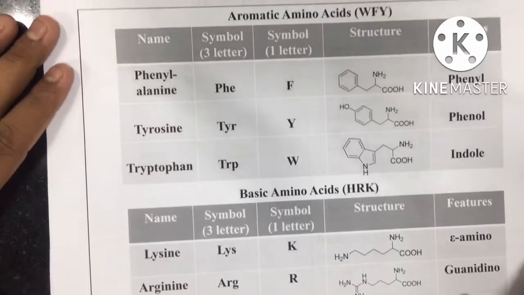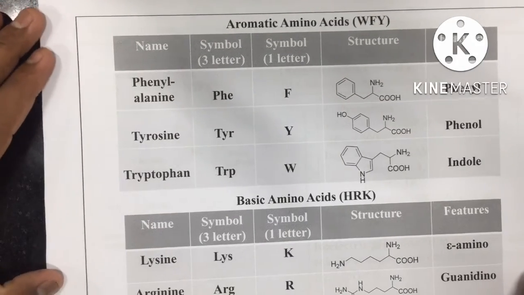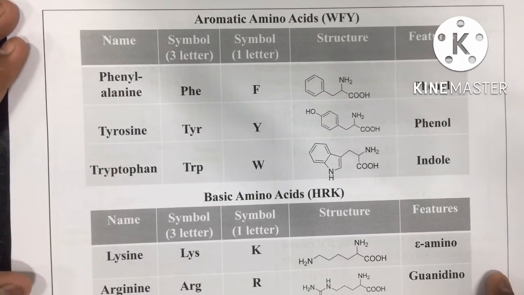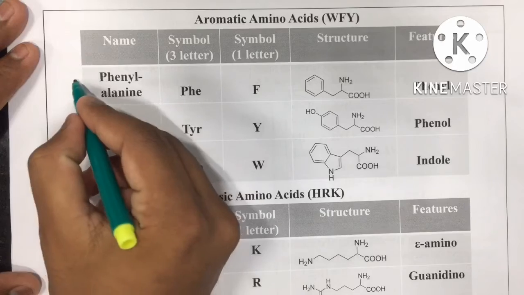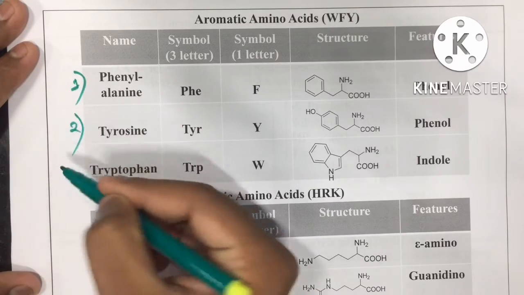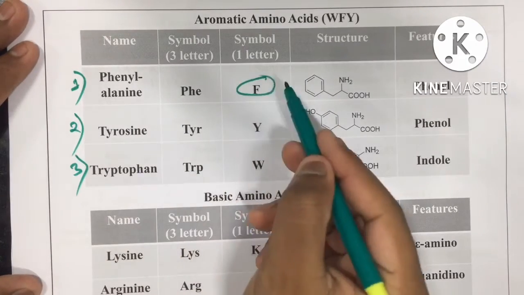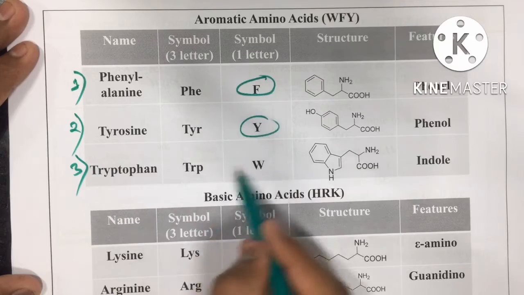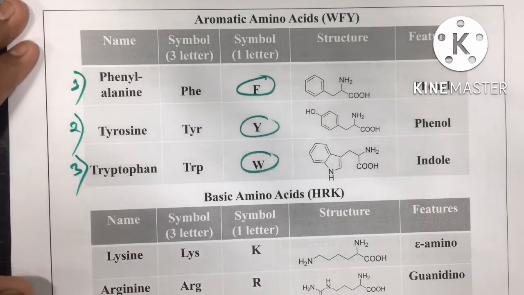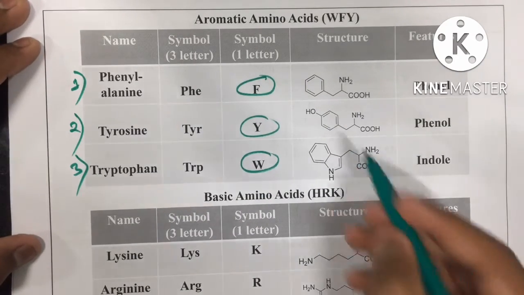Then next one, aromatic amino acids. Only 3 examples are there: phenylalanine, tyrosine and tryptophan. The single letters are very important because these all 3 are different. Phenylalanine is F, tyrosine is Y and tryptophan is W. Similarly we can see the structure.